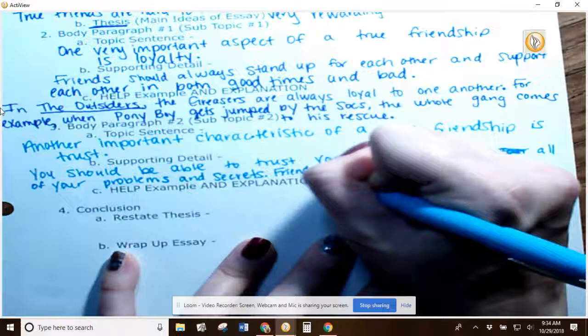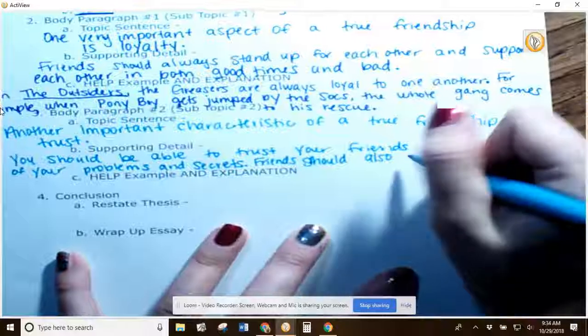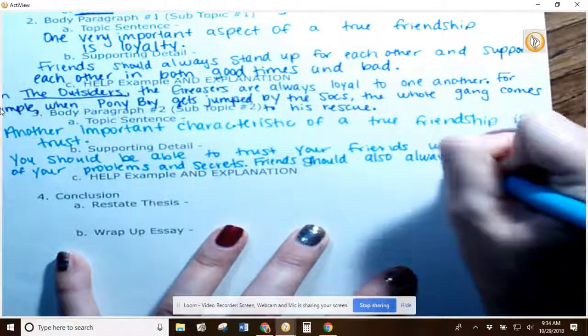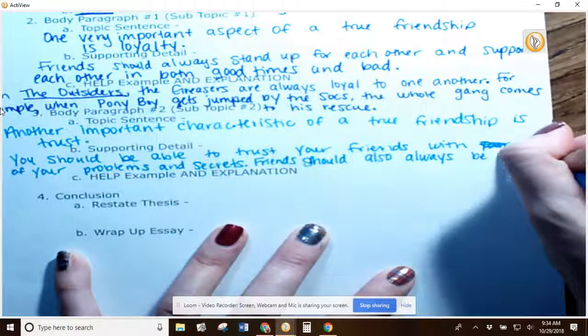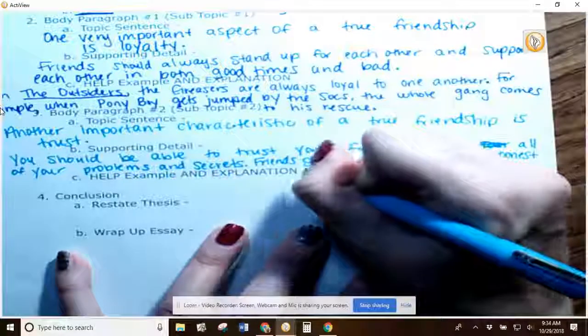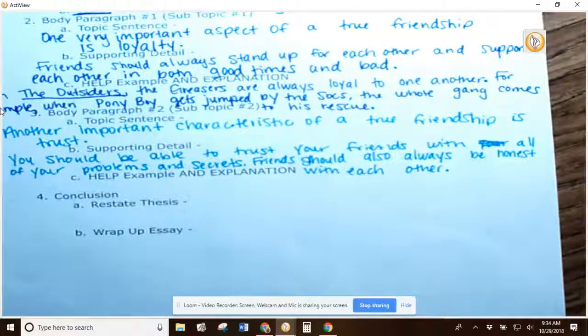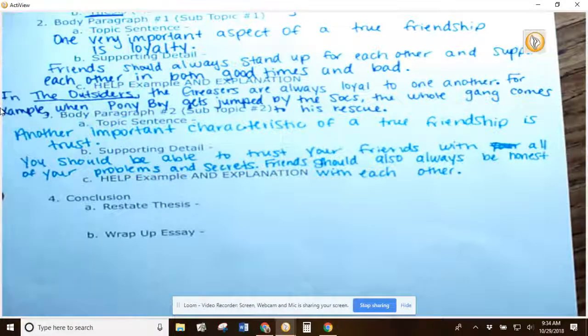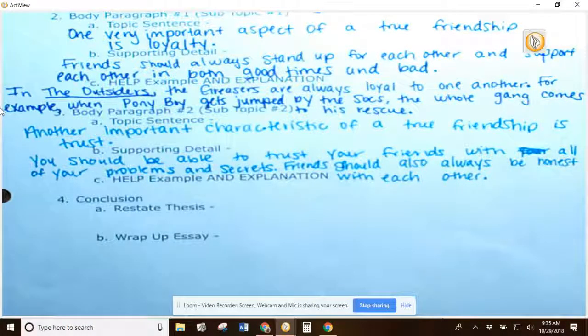Friends should also always be honest with each other. Okay, so our topic sentence, another important characteristic of a true friendship is trust. You should be able to trust your friends with all of your problems and secrets. Friends should also always be honest with each other.